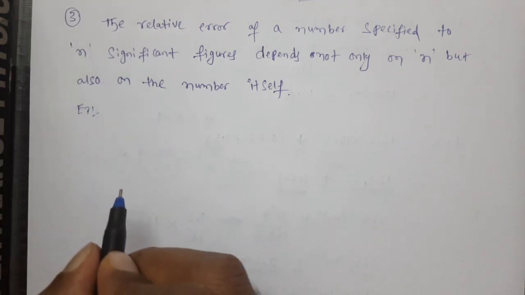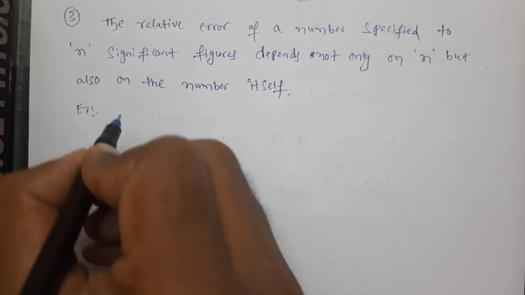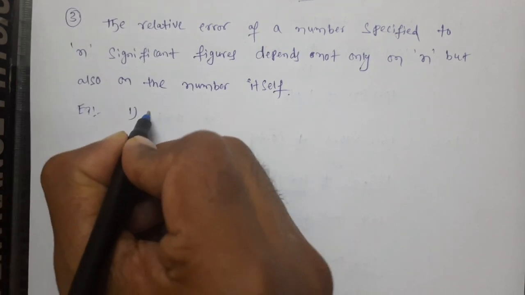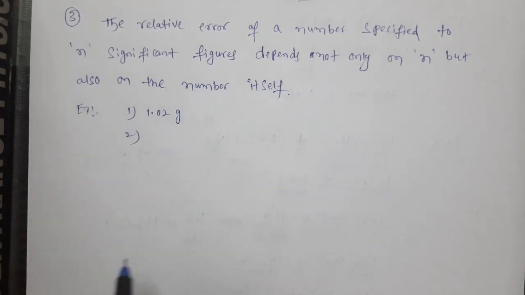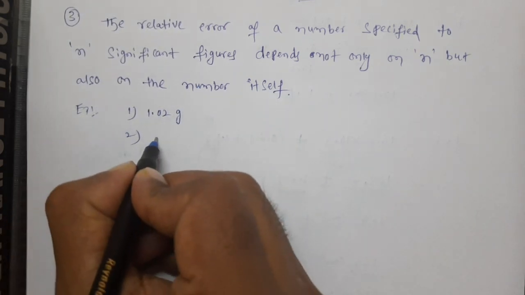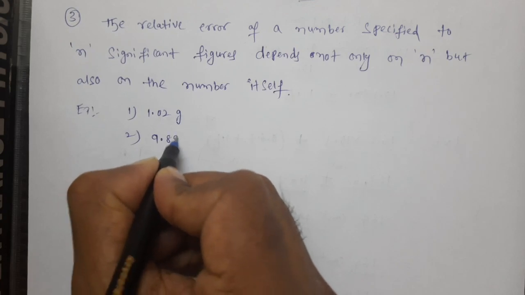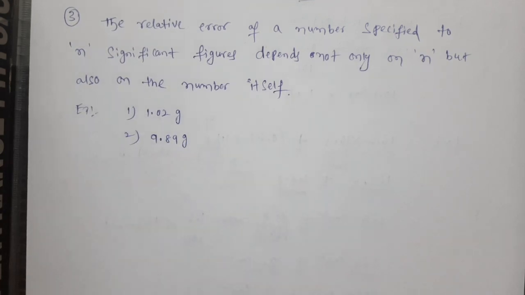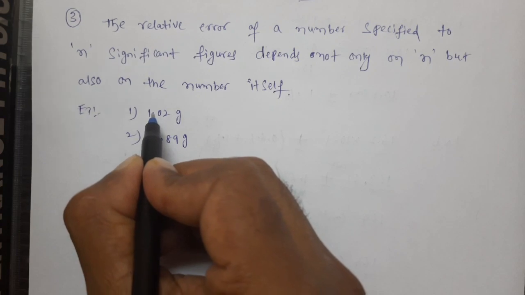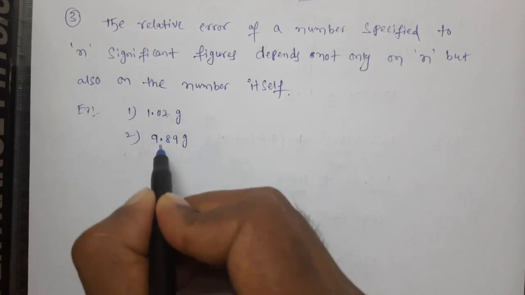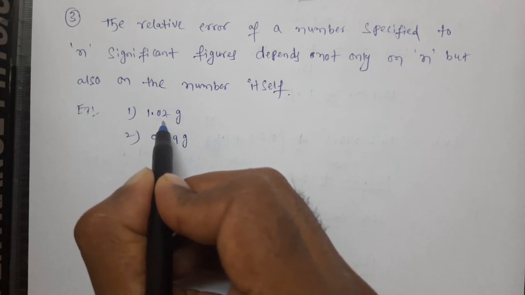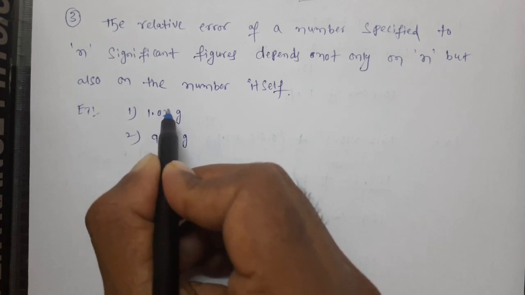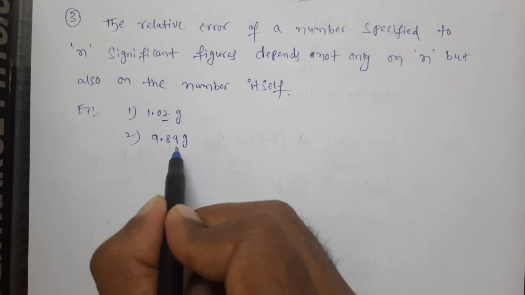Suppose we are measuring two values: one is 1.02 grams and the second one is 9.89 grams. So this measurement is accurate to 0.01 grams and this measurement is also accurate to 0.01 grams.